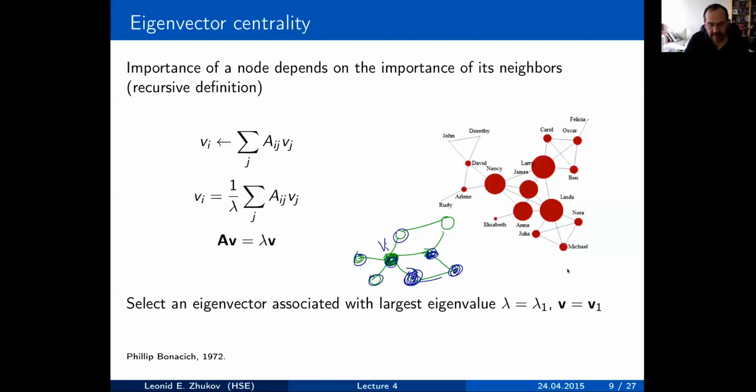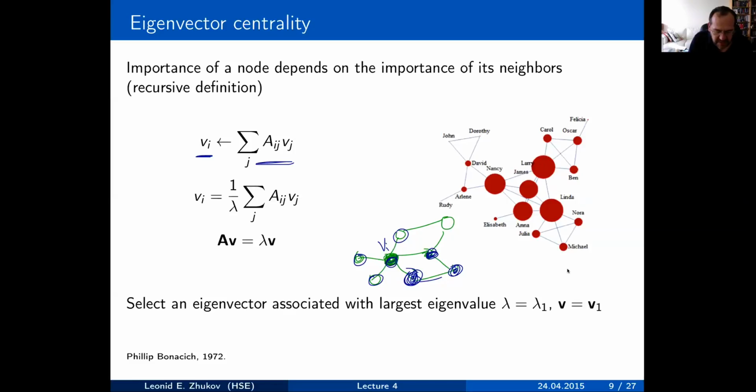In fact, under certain conditions, you can actually calculate that. So formally, the importance of node i is equal to just the sum of the importance of the nearest neighbors. Now, you do not want to actually do just the sum, because of what's going to happen if you try to iterate this process.